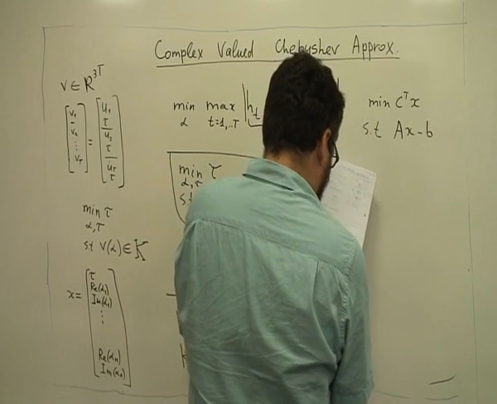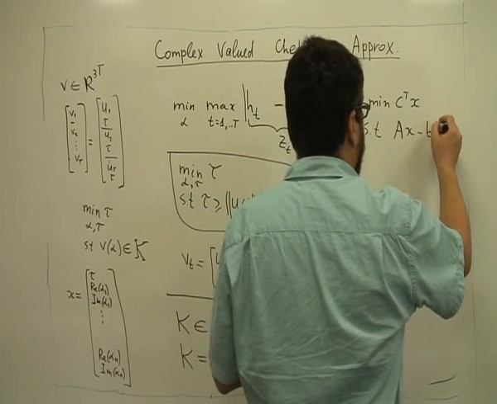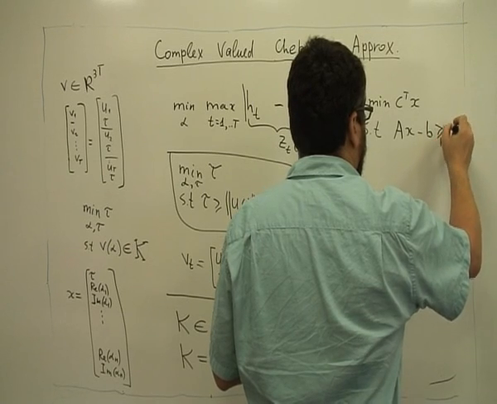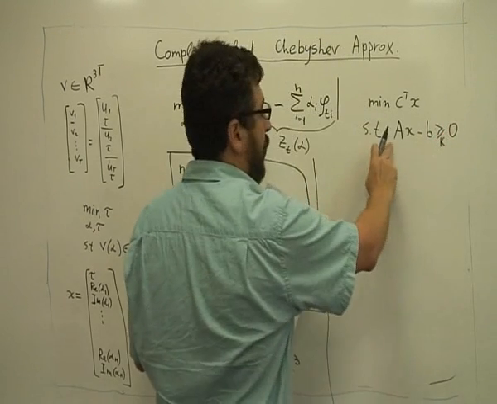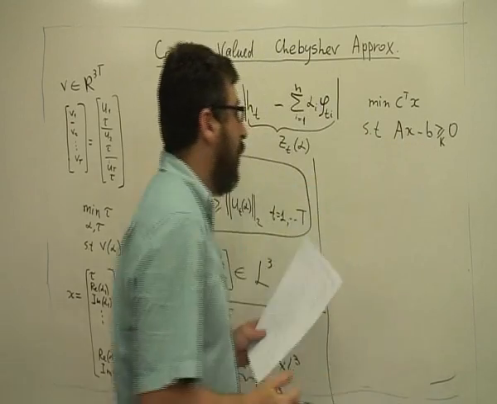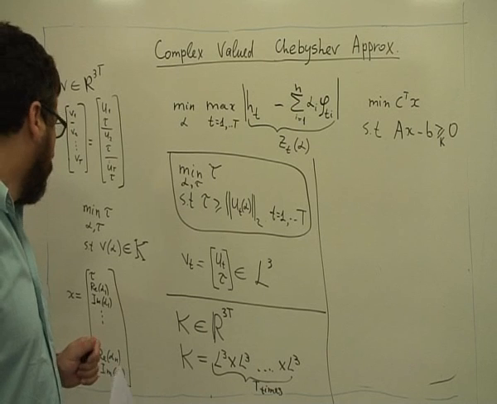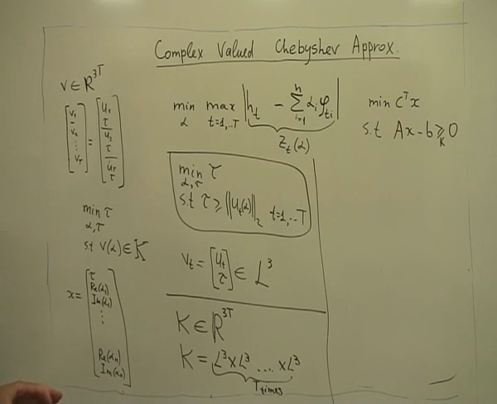There is a mistake here. Greater or equal 0 in the sense of K. It means Ax minus b belongs to the cone K.